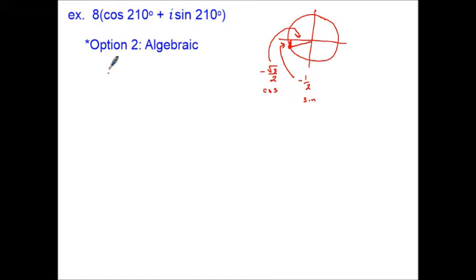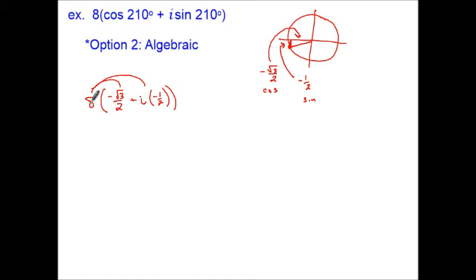So basically, replacing the trig functions in my original problem gives me 8 parentheses. The cosine of 210 again is the negative root 3 over 2. And then I've got plus i times the sine, which is the negative 1/2. From here I'll distribute the 8 and rearrange things.